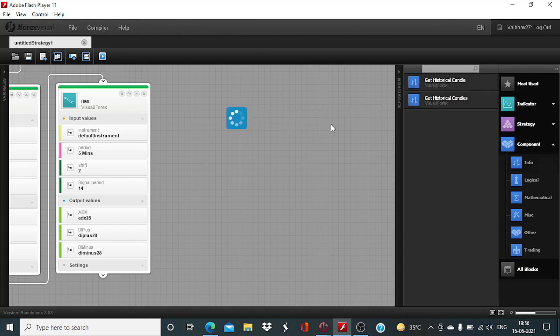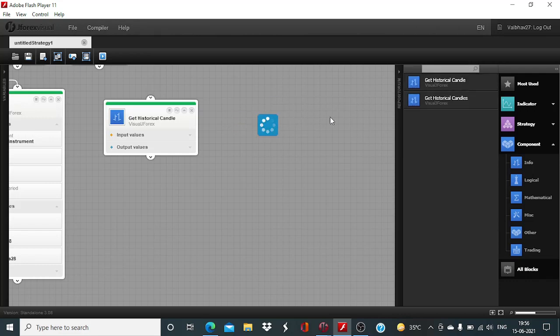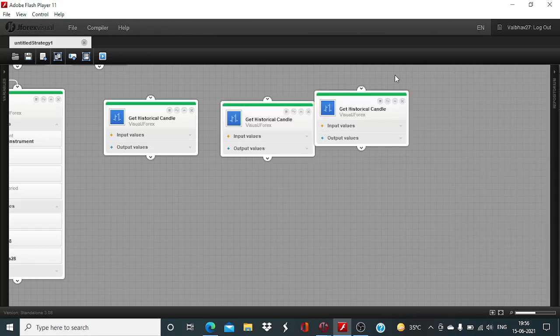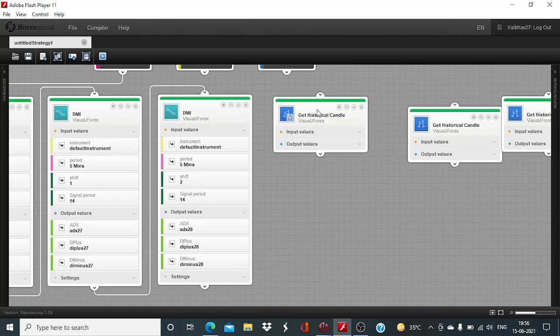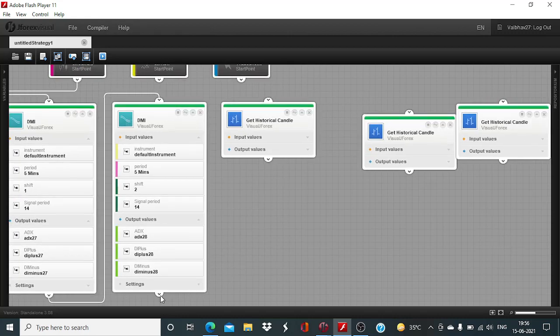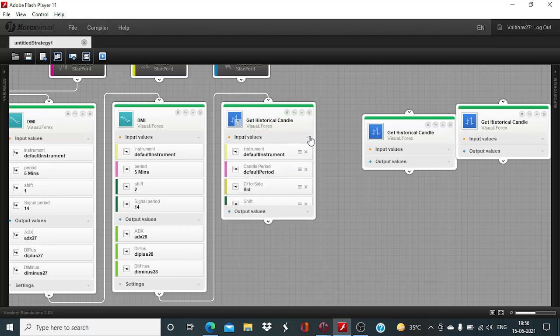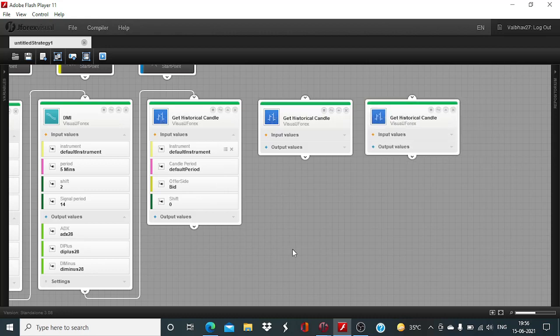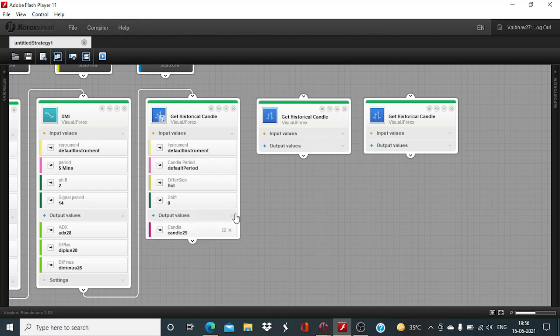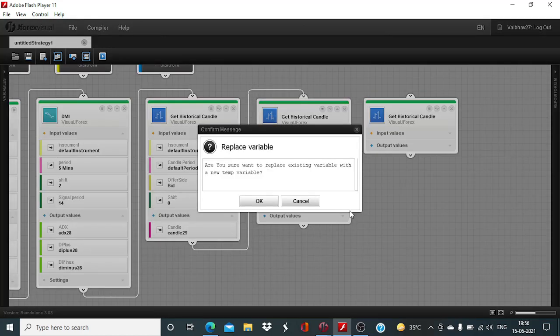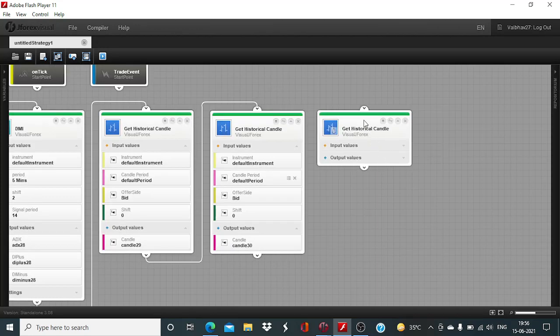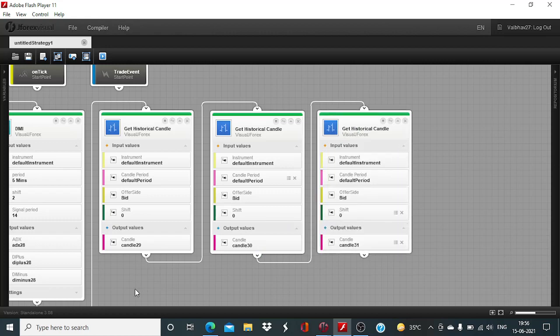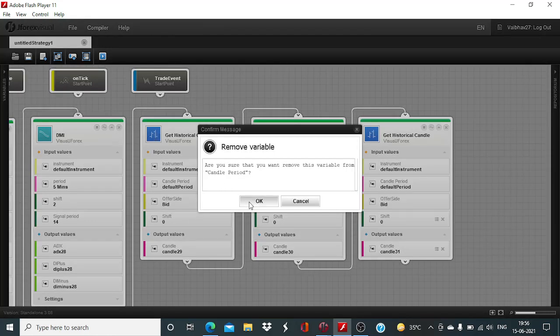Info. Okay. First one will be of 5 minutes, and then 2 more of 10 seconds each. I'll change this candle period to 5 minutes.